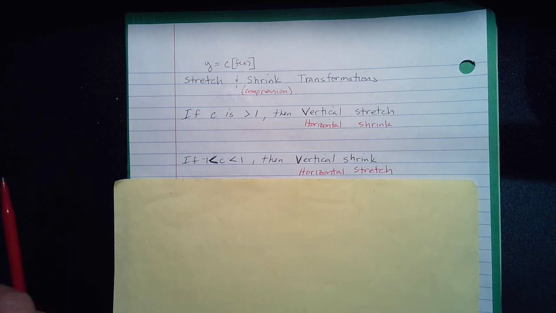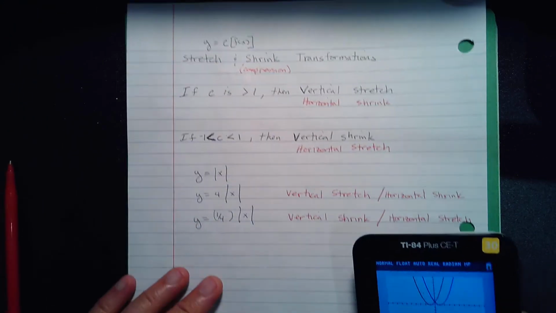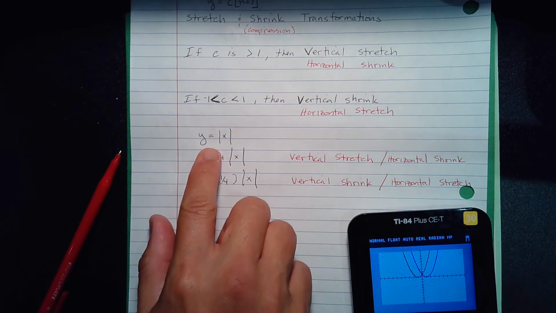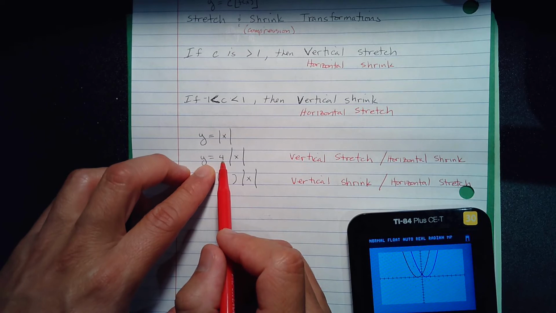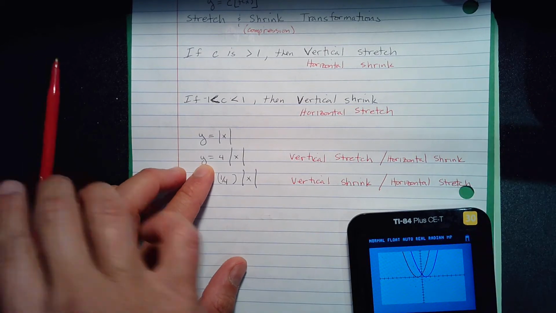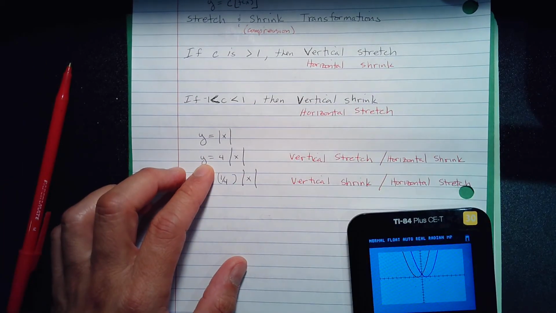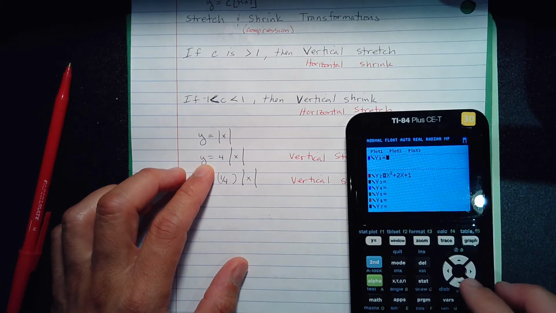All right, so let me show you on here. So we have y equals the absolute value of x. So look at this constant. This constant's more than 1. That means if it's more than 1, you're going to have a vertical stretch, or you can call it a horizontal shrink. So let's graph that.